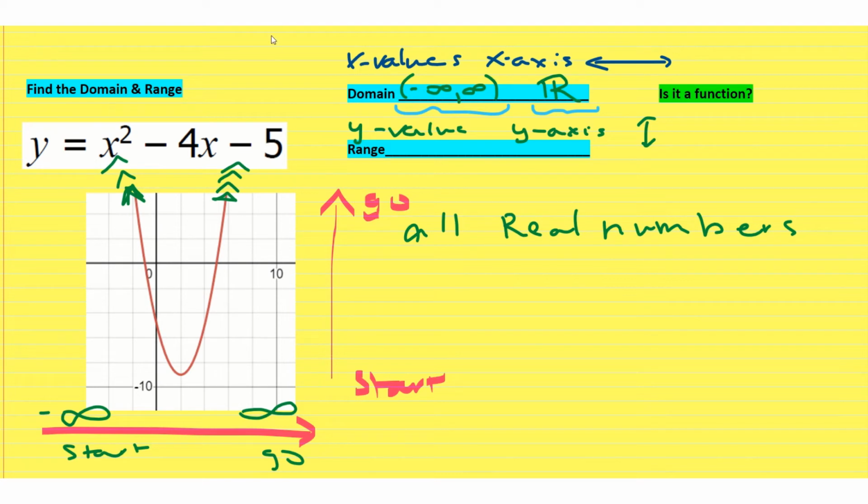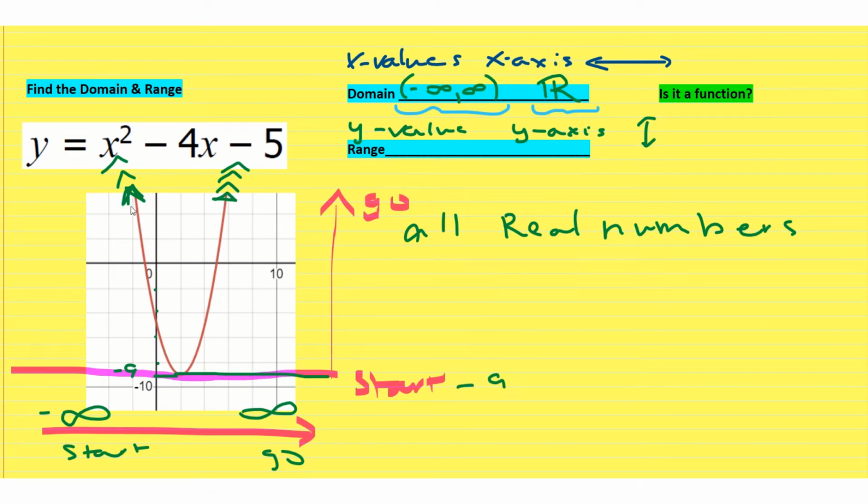Well, it starts right here at the bottom. And we're going to assume that we know what that is. That should be probably 0 to 10, 8, 6, 4, 2, so that would be 9, right? So we're going to assume that that is at negative 9. So that is where it starts. It starts at negative 9.